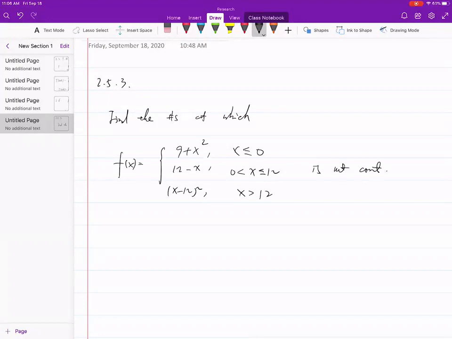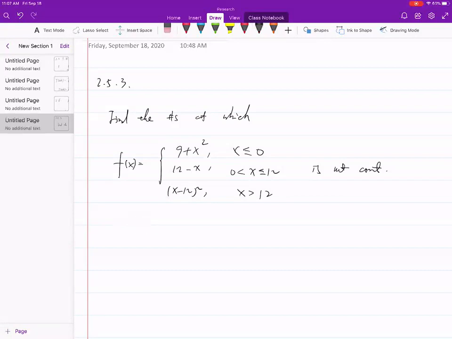Number one, you look at the three formulas, you find they're all simple functions. They don't have domain issues. So they're continuous everywhere. The only thing that can go wrong will be at 0 and at 12. Okay? So our job is just to check these 2 points.